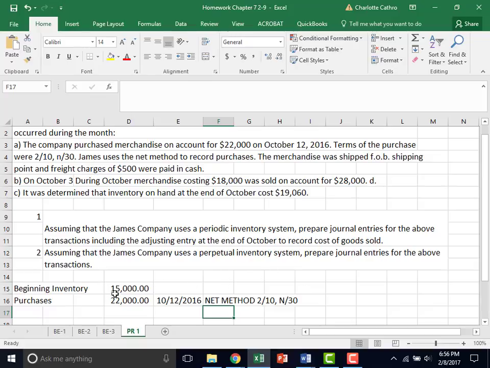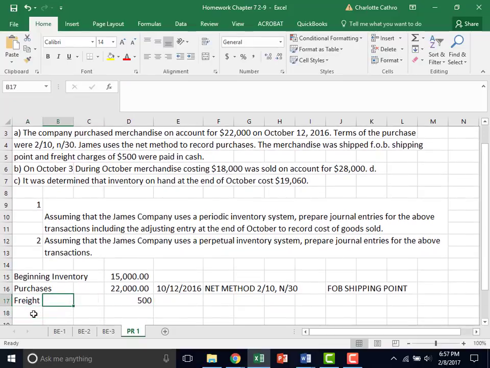We should also note that this was FOB shipping point, so that we record that when they are shipped. And we have freight charges of $500, and those are paid in cash.